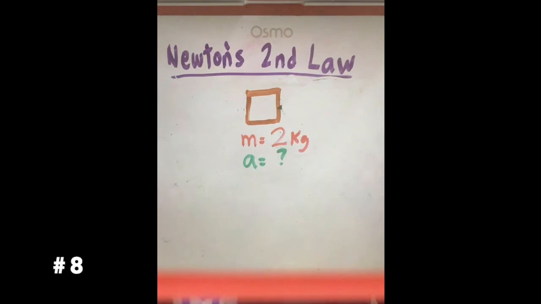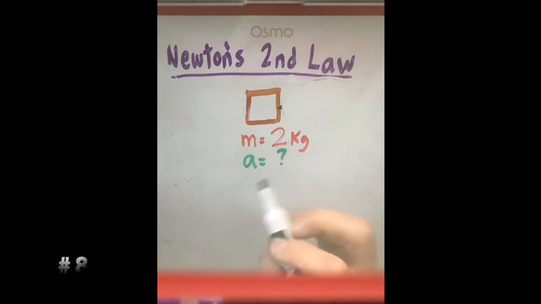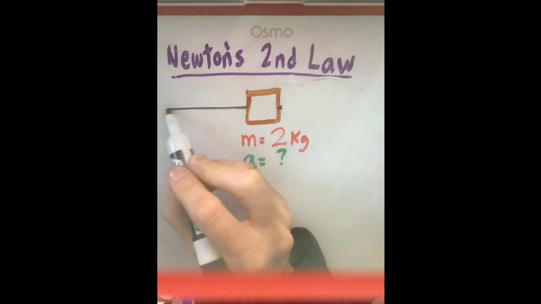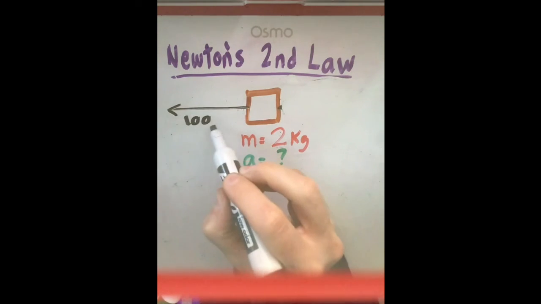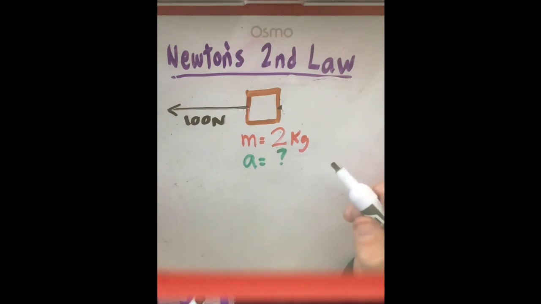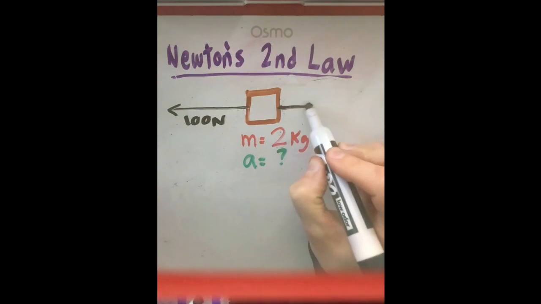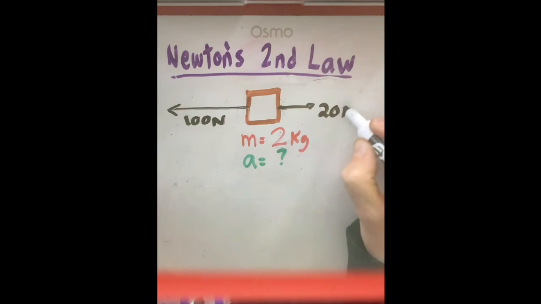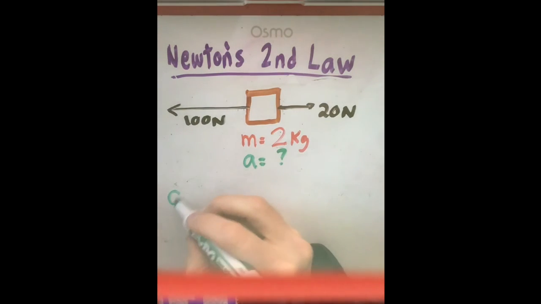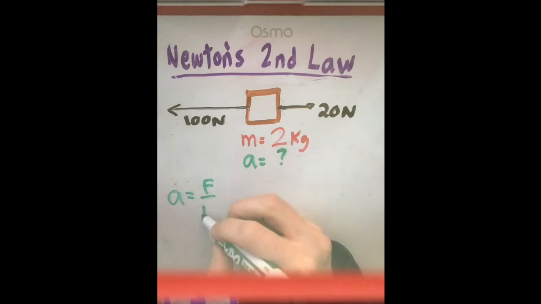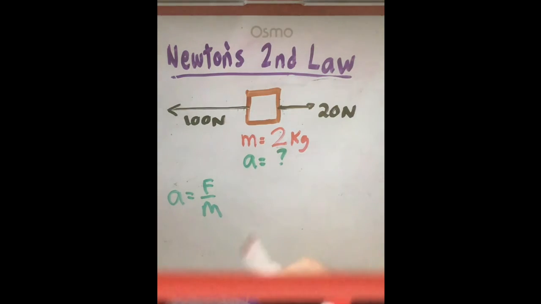What will be the acceleration of a 2 kilogram mass when an applied force of 100 newtons is acting to the left and a frictional force of 20 newtons is acting to the right? Now once again, we'll use our formula, a equals F over m. We'll plug in our mass again, that's the easy one.